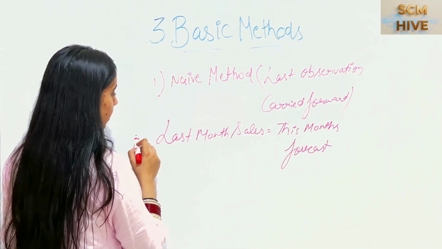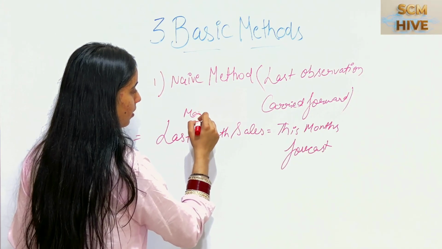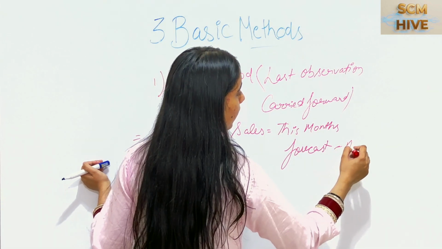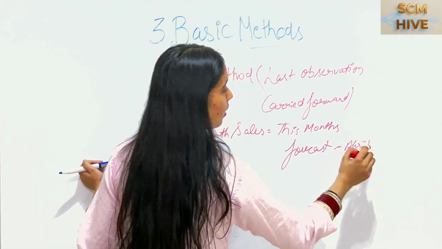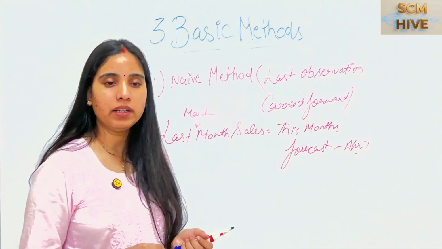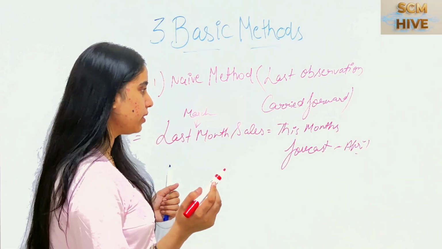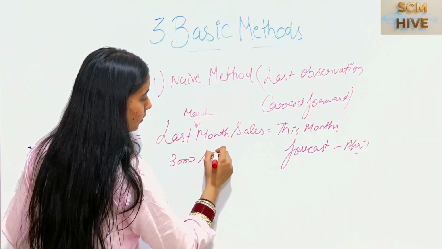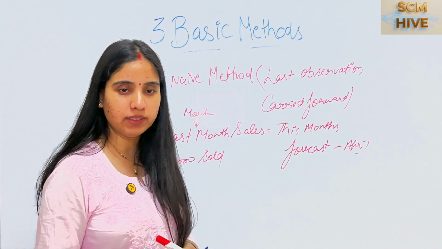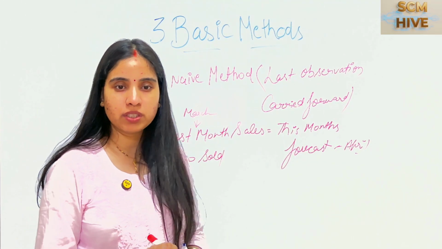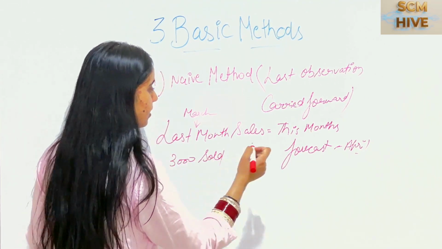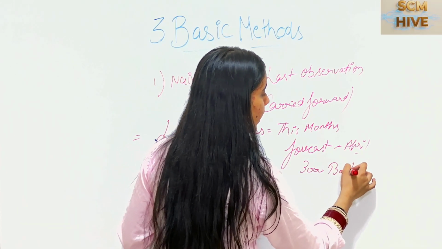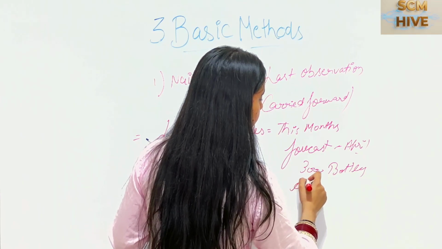This is the March sales, the last month, and this is the April forecast. For example, if the factory sold 3,000 bottles in the last month, in March, we forecast it as it is, 3,000 bottles for April. Easy?